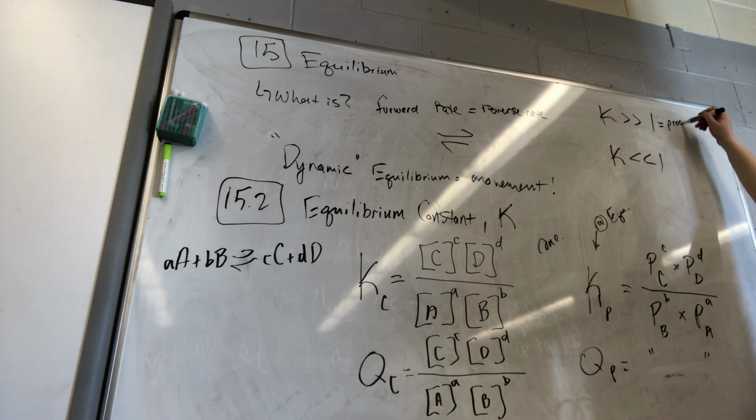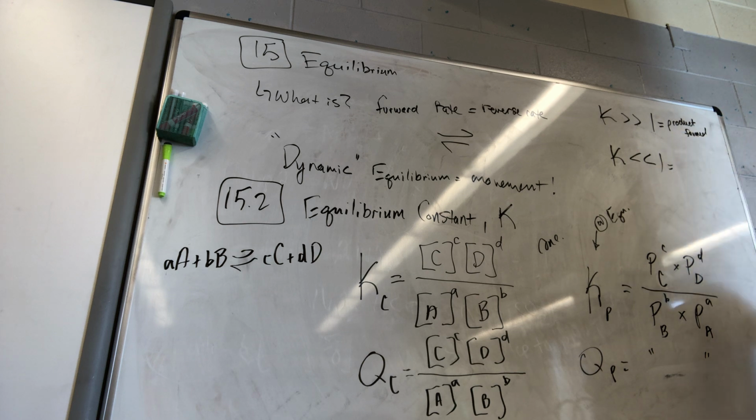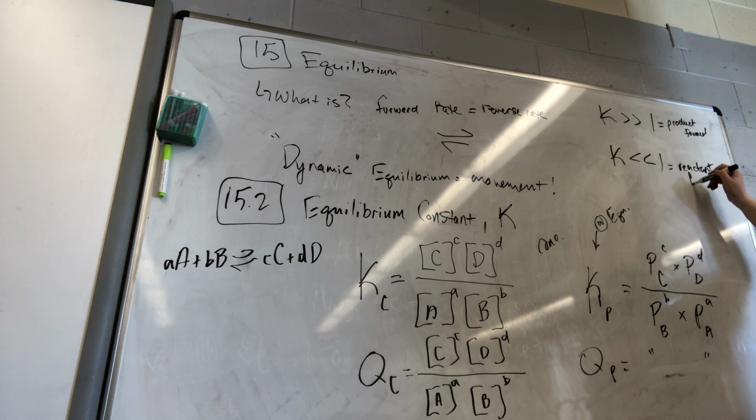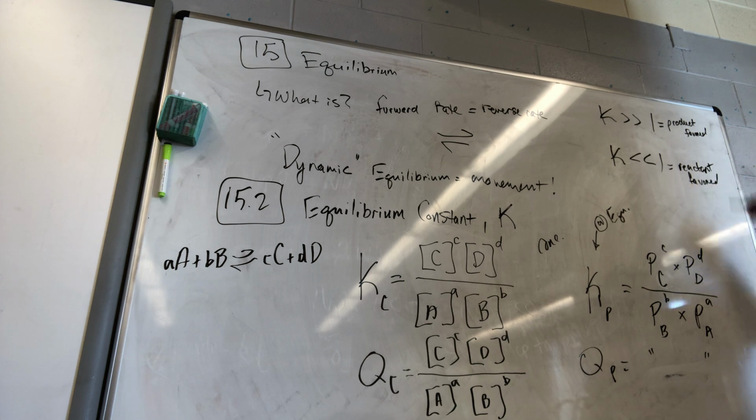Product favored. What does K very, very small mean? Reactant favored. All right, so this is what K means.